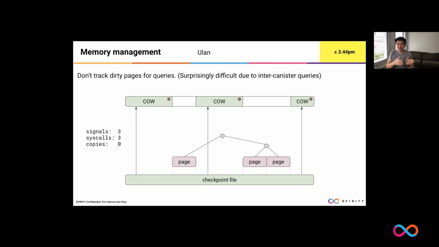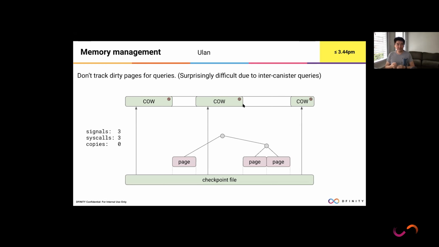So this 5% is slowing down all other queries. I found a workaround where I reshuffle and make these inter-canister queries more expensive, but the normal queries faster. So this is one optimization, to not keep track of dirty pages for queries.